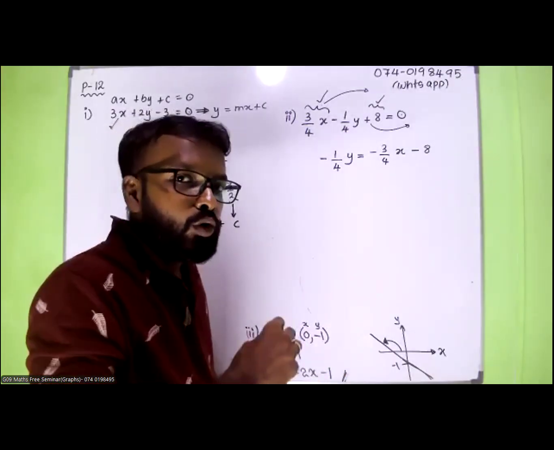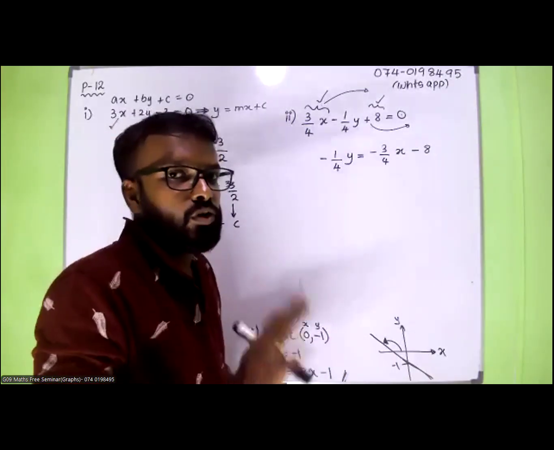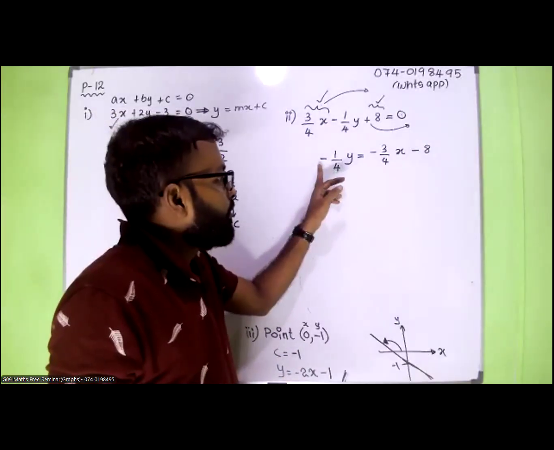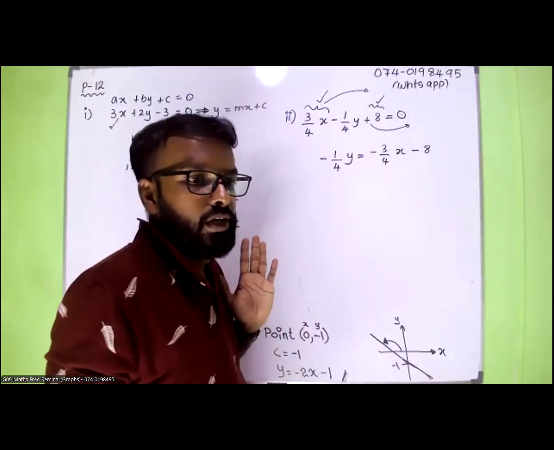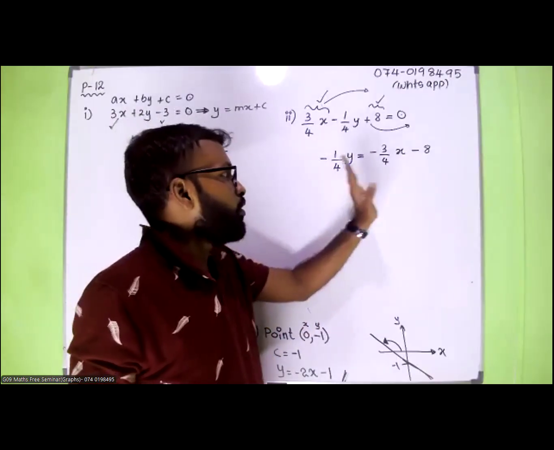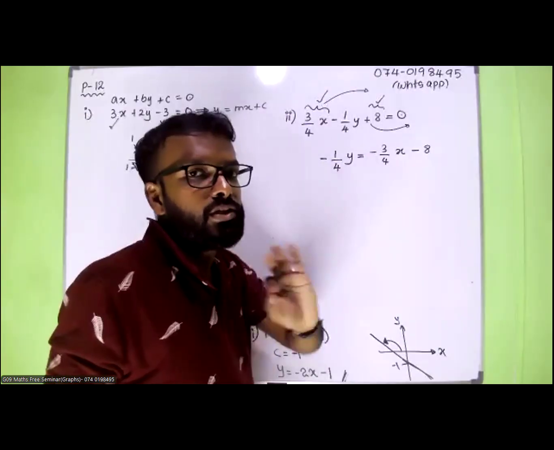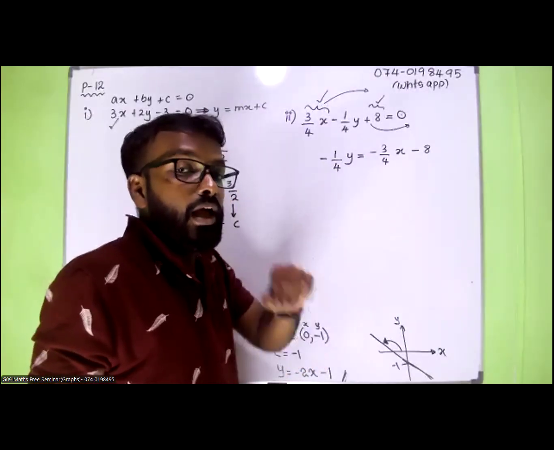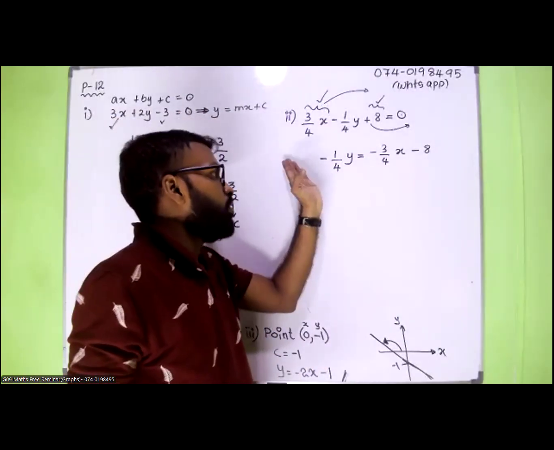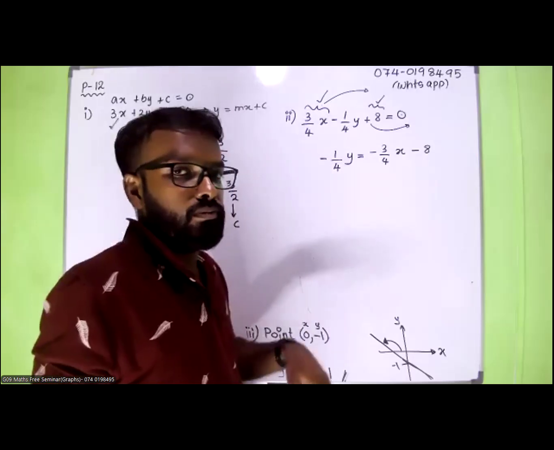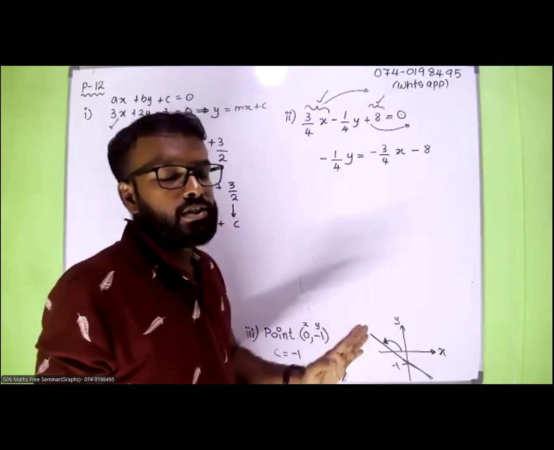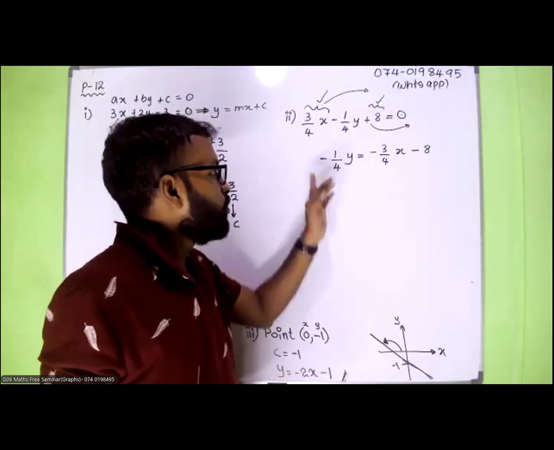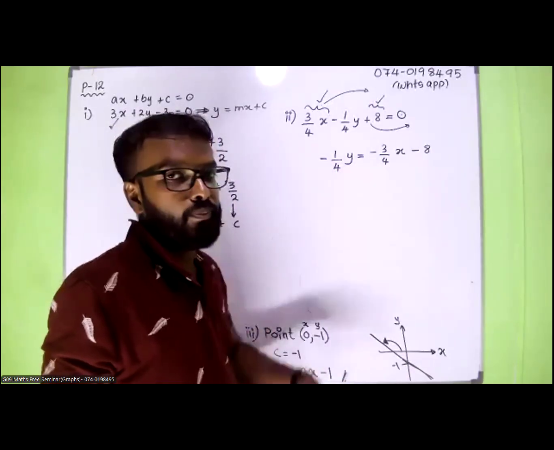If you want to waste your time, you can first divide all of the 3 terms by minus 1, and then multiply all the 3 terms by 4. You are wasting 2 steps, to remove these 2, minus and 4.